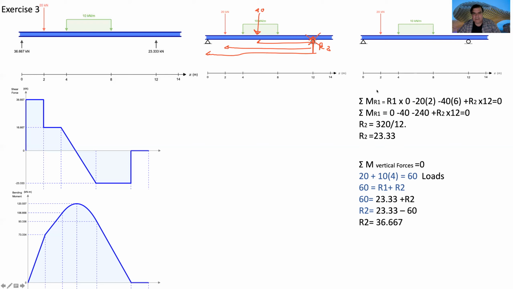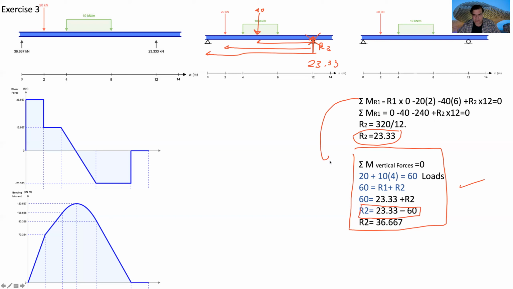If we don't want to do that, and I recommend you do it, you can just be lazy and tell yourself, because I know that R2 is 23.33, the other one is 40 plus 20, 60, 60 minus 23, that is R1. And you get it. You have two possibilities, but I recommend you do again the summatory of moments, and after you do it, you corroborate with the last one.